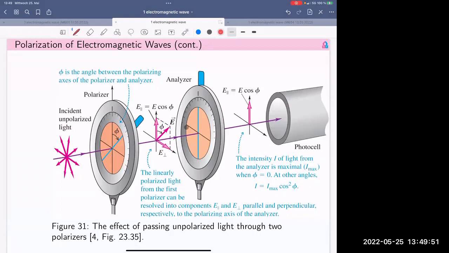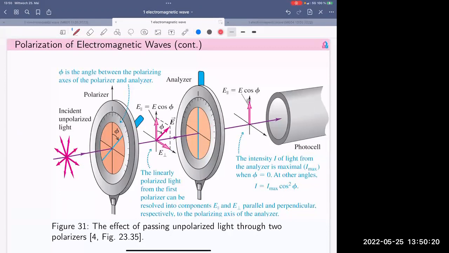Once you have another filter, can you guess which component could be transmitted through this polarizing filter? Of course, the polarizing axis is vertical, so only the wave that has the E field in the vertical direction will be able to transmit through this filter.